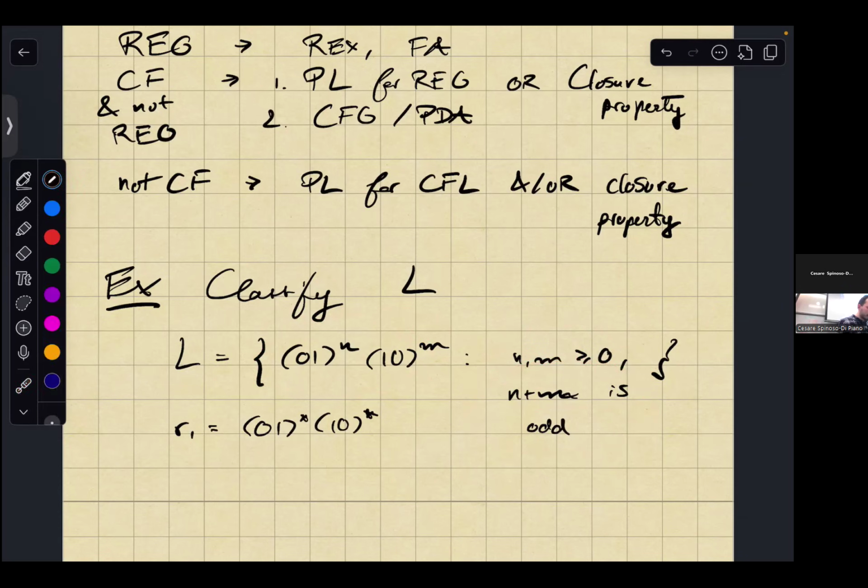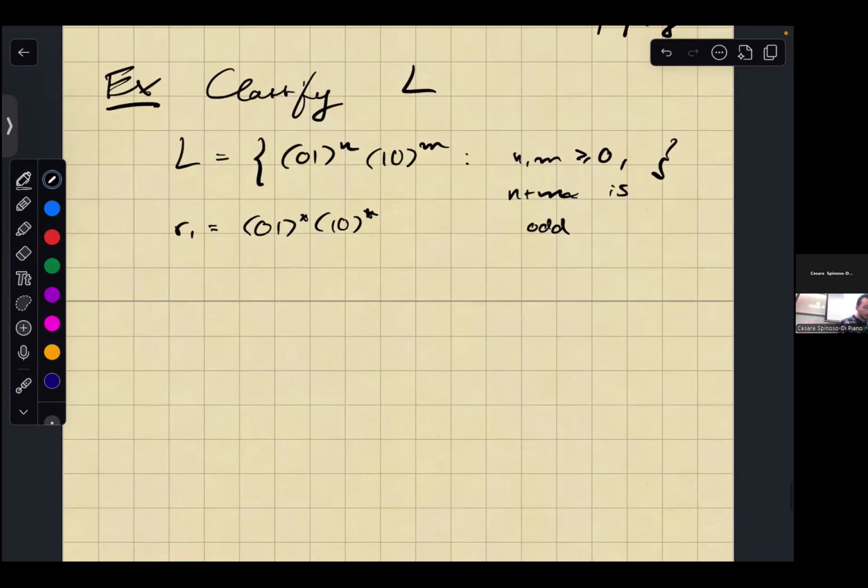In theory, or in practice, n and m are two integers, and so by the property of being an integer, maybe n will be even and m will be even, but there are other possibilities. Maybe n is odd and m is even. Maybe n is even and m is odd. Or maybe they're both odd, right?